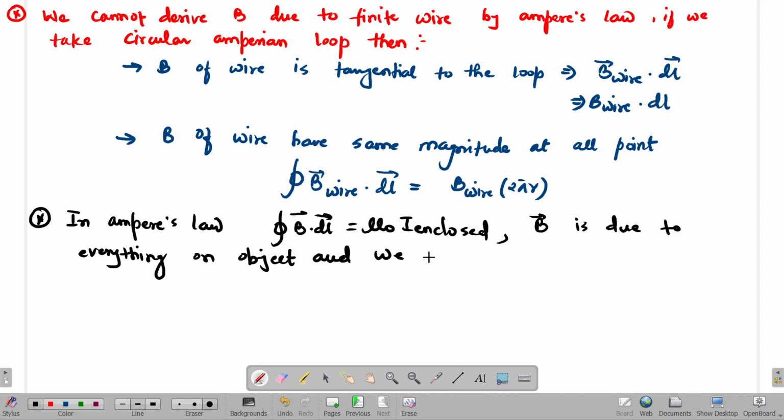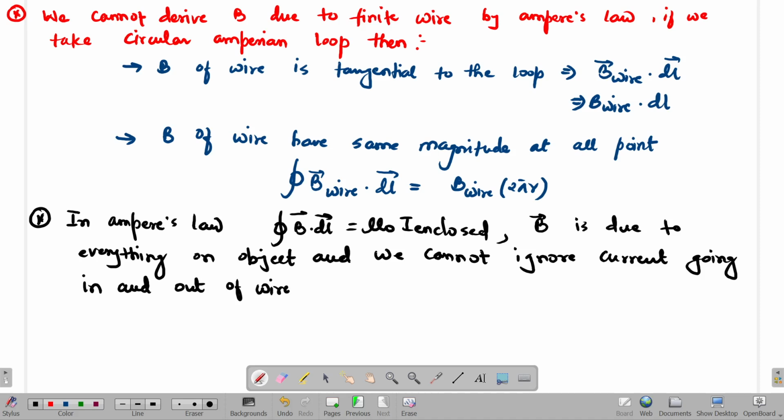And we cannot ignore current going in and out of wires because they are at finite distance.